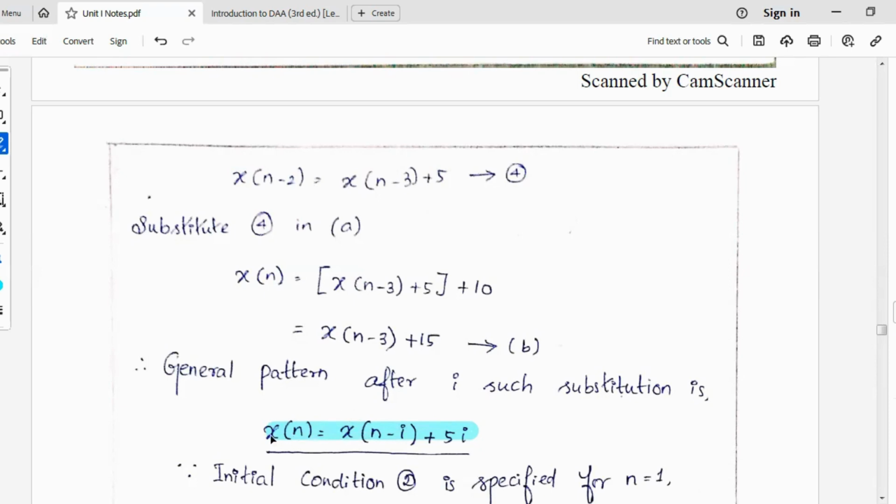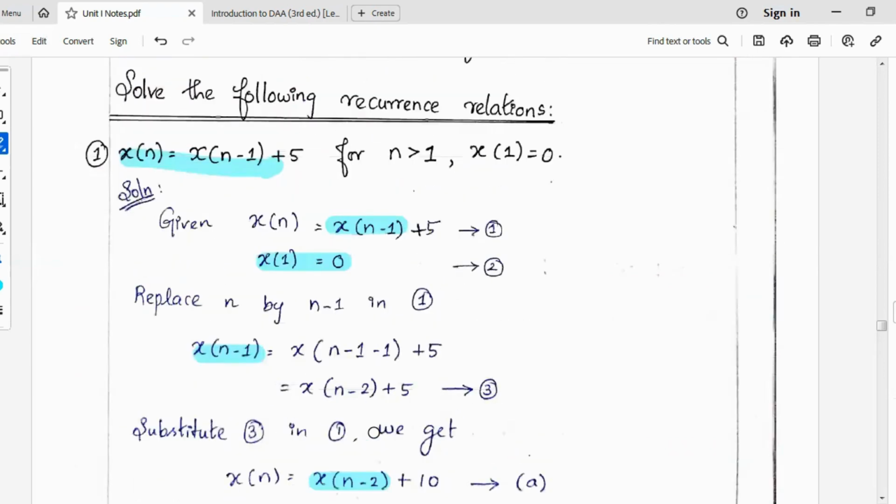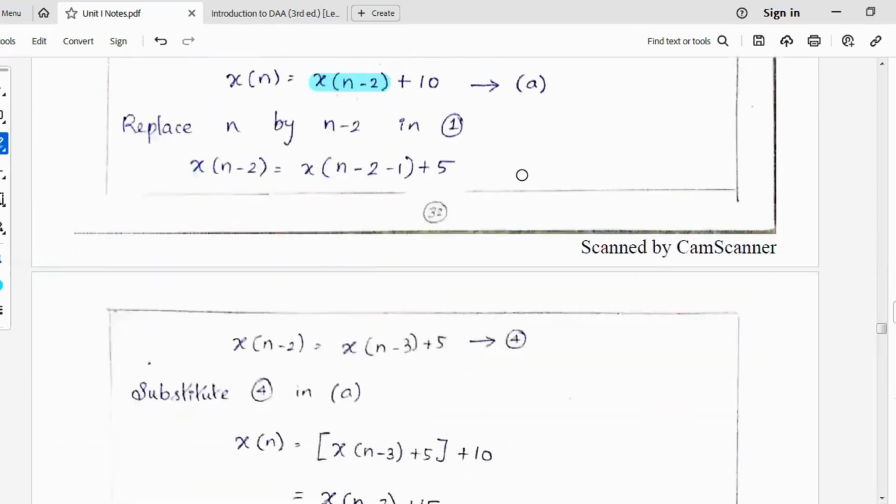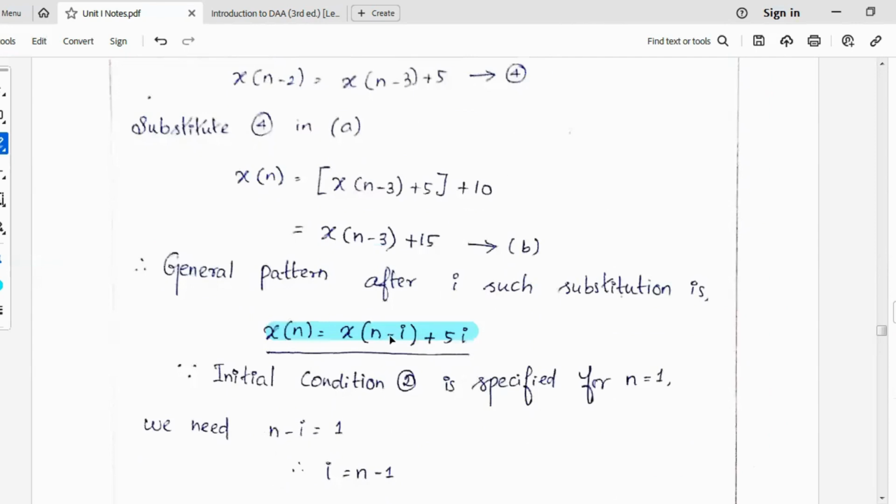The recurrence relation is always defined in terms of x again on the right hand side, so we have to eliminate this term. For that, we are going to use the base condition. The given base condition is x of 1 equal to 0. So instead of n, I have to change it into 1. Here, in the general pattern, I am getting n minus i, right?